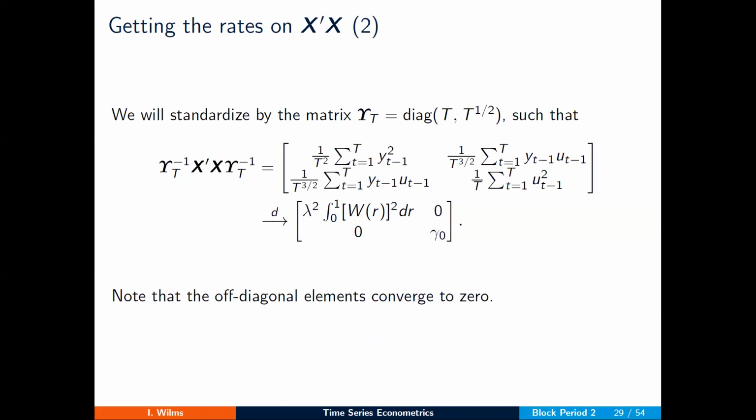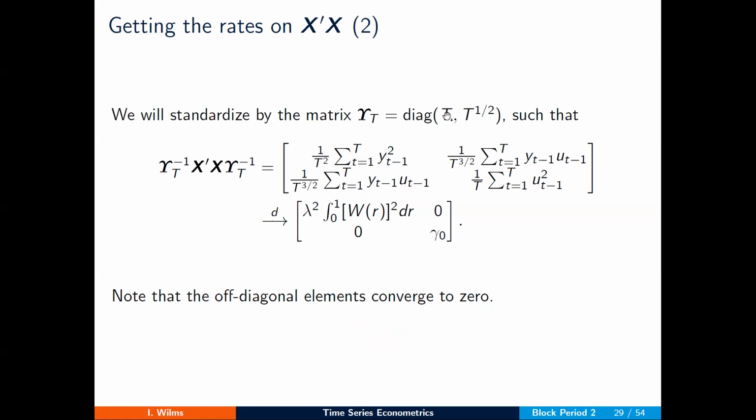The scaling for the off-diagonal elements will then follow by definition of setting up the scaling matrix. And either they will be exactly the scaling that you need for them to also converge, or you will have too much scaling. And in that case, those terms go to 0 in the limit, as you will see here or in the tutorial assignments.